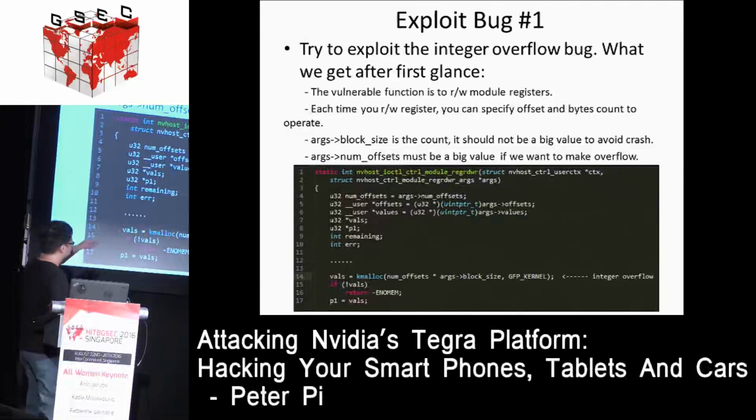The args block size is the byte count to operate. It should not be a very big value to avoid crash. But if you want to overflow the multiplication, the number of offsets must be a very big value.